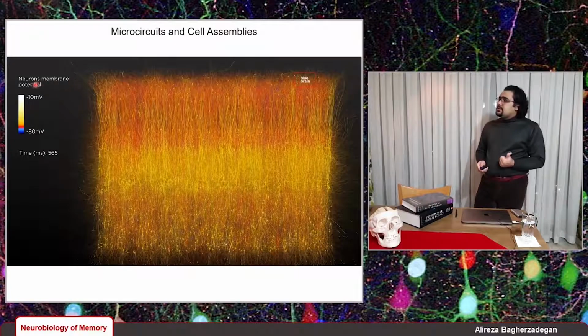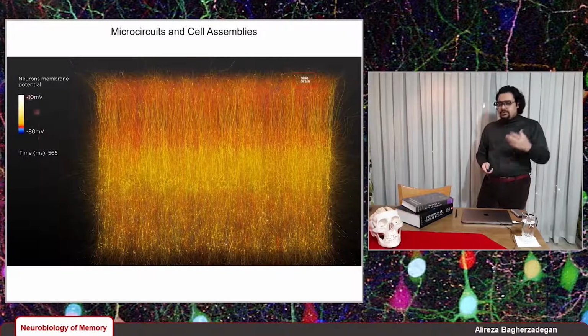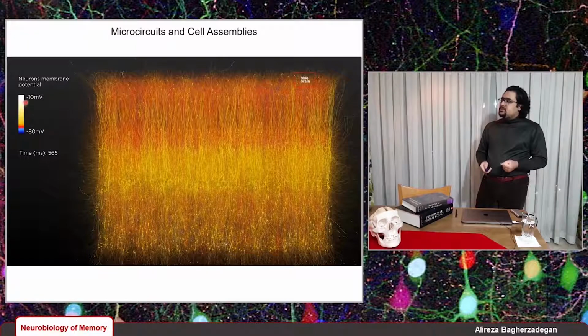And here you can see the neurons' membrane potential is actually indicated by the range of colors. You can see from blue, which is minus 80 millivolts, to almost a little bit white, minus 10 millivolts, and the time here.